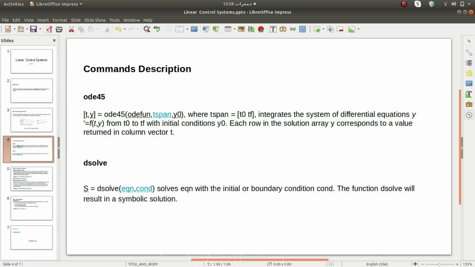Here we have to call the function which we have created, then define the time span, and in the last give the initial condition, and this command will solve or integrate the differential equation and give you a result.